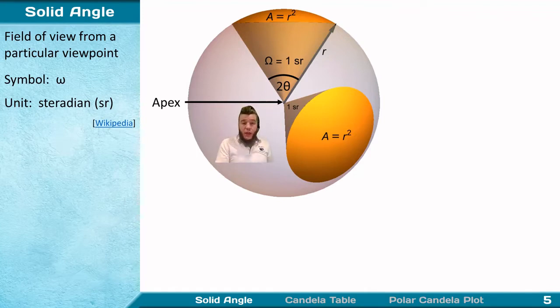And the central angle is the angle at the apex right here in the center of the sphere. This is important because this is where the viewpoint emanates from. So the apex of the sphere is where you're going to place your sensor or your luminaire, or that's maybe where your eye is, depending on what type of solid angle you're interested in calculating.